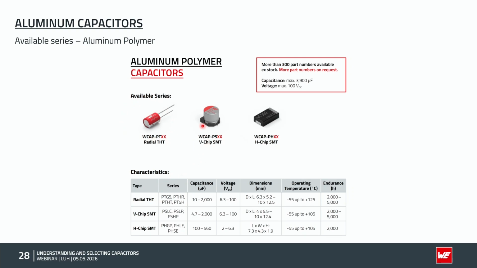We have THT and SMT parts, and we also have the H-chip SMT aluminum polymer capacitor, which gives us a benefit if you have a design where you have to think about the height a lot. Therefore you can use the H-chip aluminum polymer capacitor, but the voltage is limited.